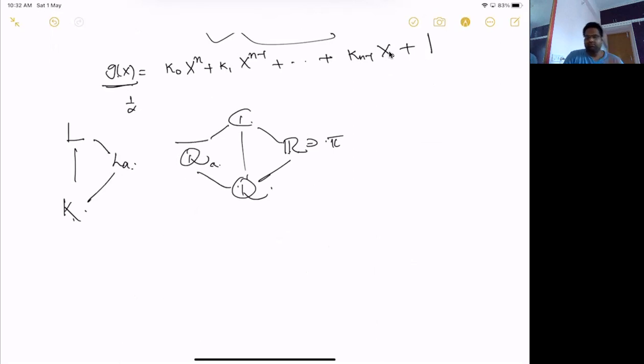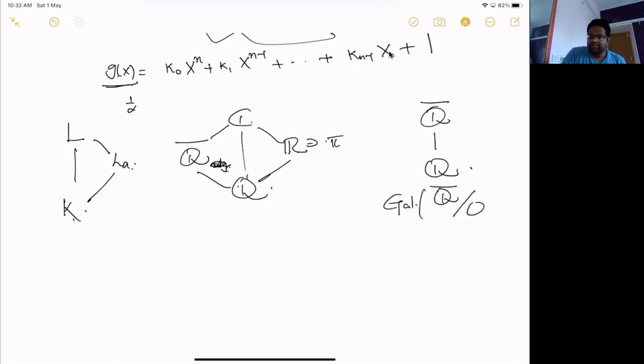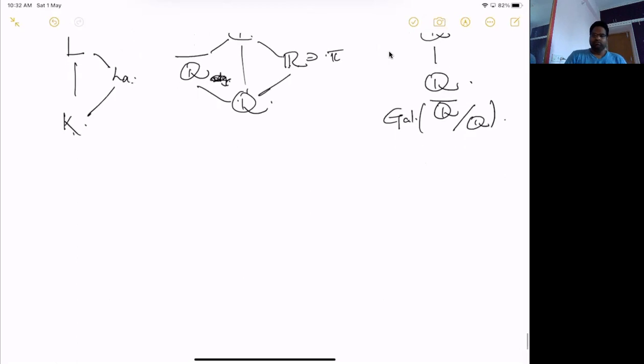Q bar means algebraic. Okay? So this is the most important field, Q bar over Q. And number theory is all about understanding this extension, Galois, Q bar over Q. So we'll come to that later.